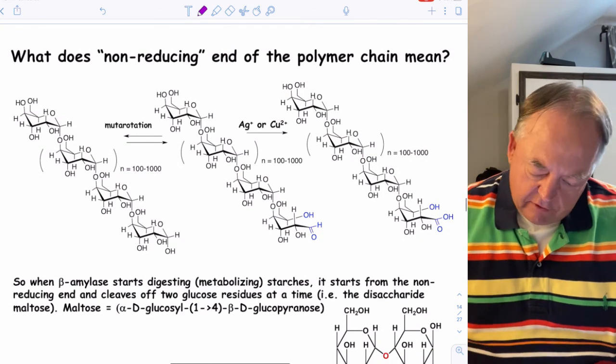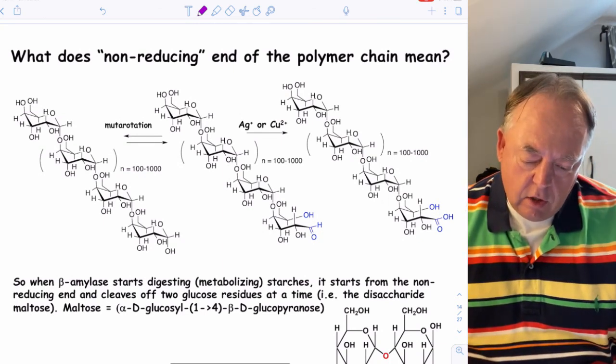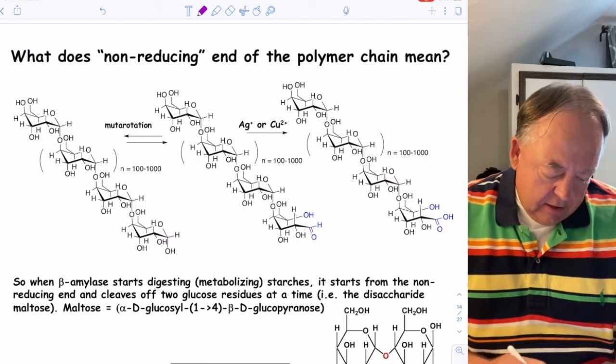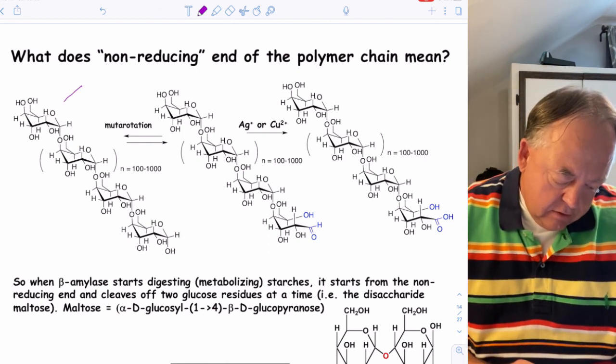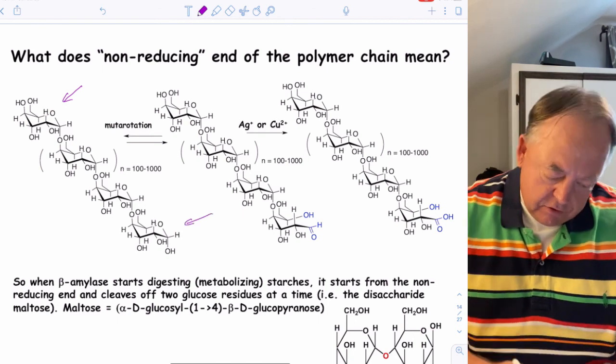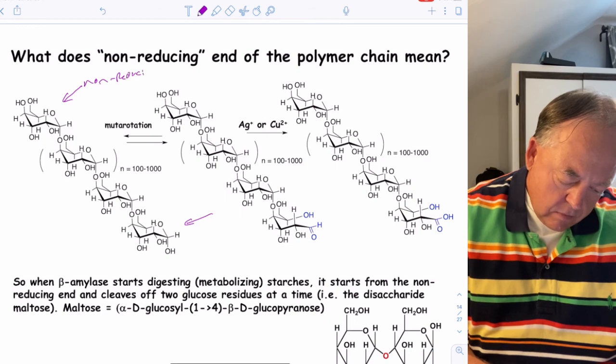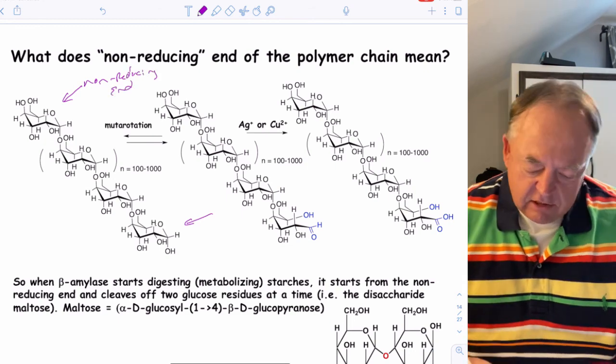Okay, so here I have a graphic illustrating what the non-reducing end of the carbohydrate polymer chain means. This would be the non-reducing end, so it's not susceptible to oxidation.